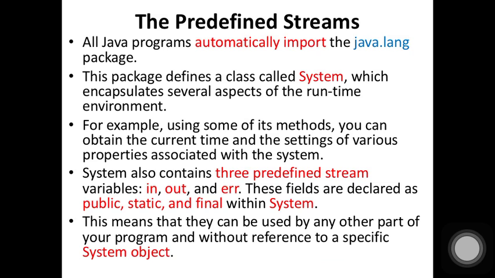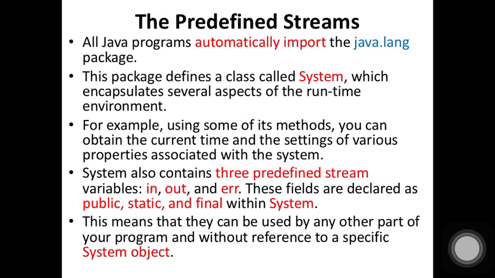These fields are defined as public static final within the System class. That's why we can use these variables wherever we want, directly, without an instance of the System class. Why? Because public, static, and final are keywords used in front of a variable; that variable is shareable and we can access it directly without an object of that particular class.